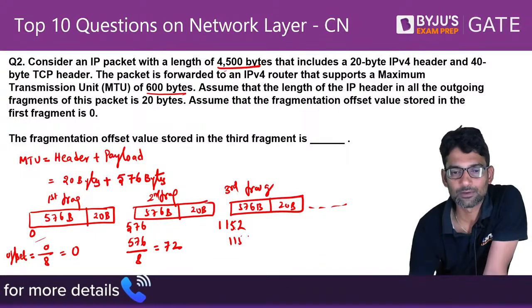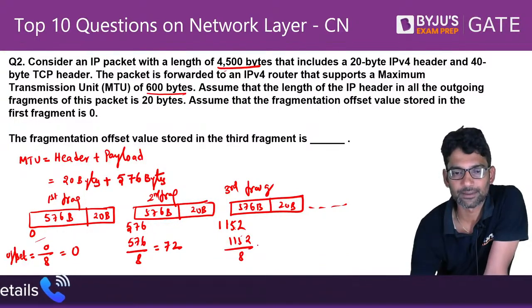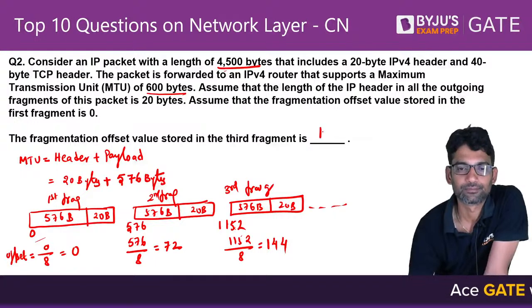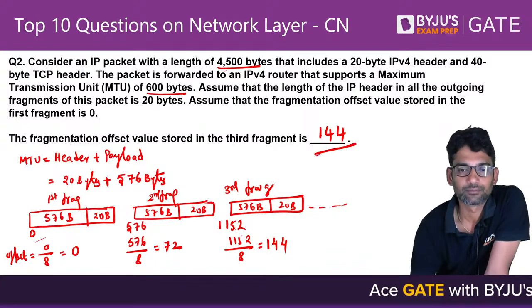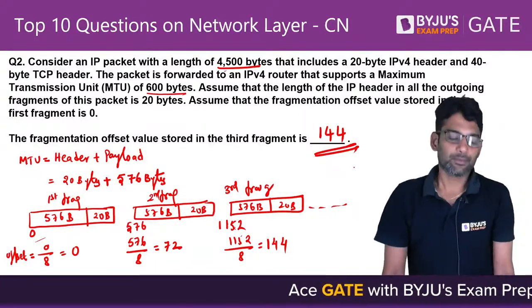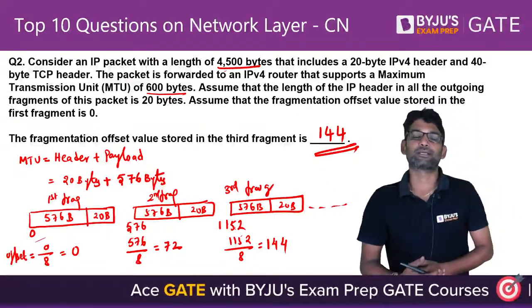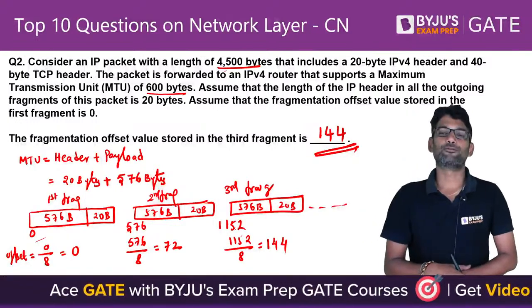So 1152 divided by 8, 144. So the fragmentation offset value in the third fragment is 144.